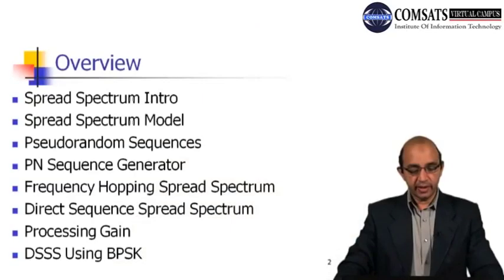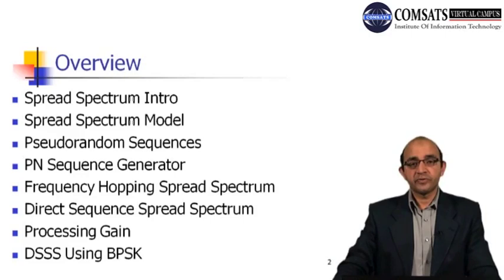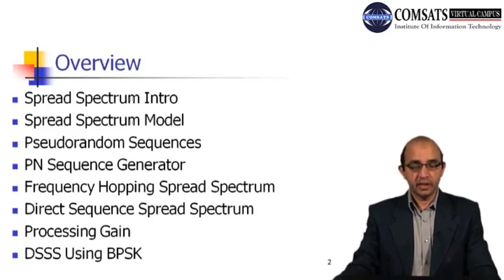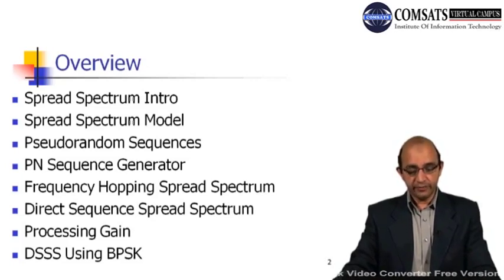So today we will be having our lecture number 21 and we will be talking about spread spectrum, and here is the overview of the topics which we will be talking about one by one. First of all, introduction of spread spectrum, then the model of spread spectrum, and we will discuss the model while taking into account transmitter and receiver. Then pseudo random sequences, they are very important when we talk about spread spectrum.